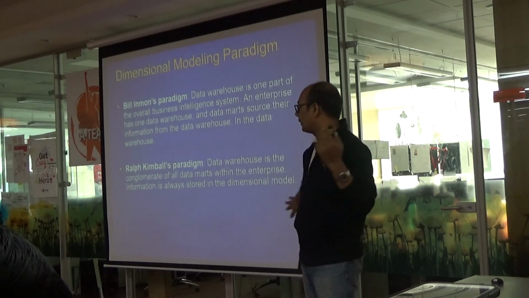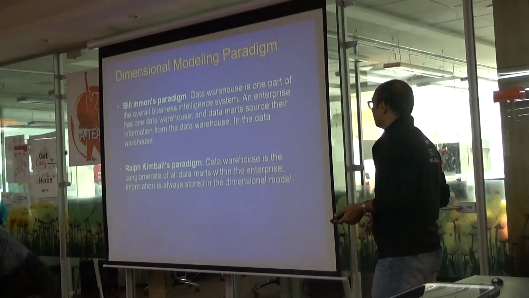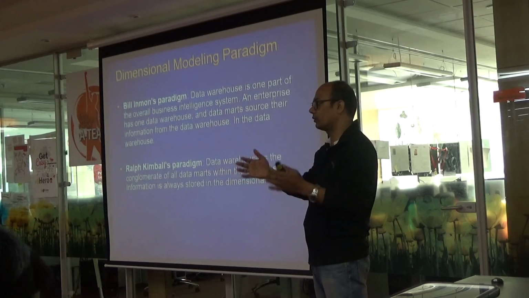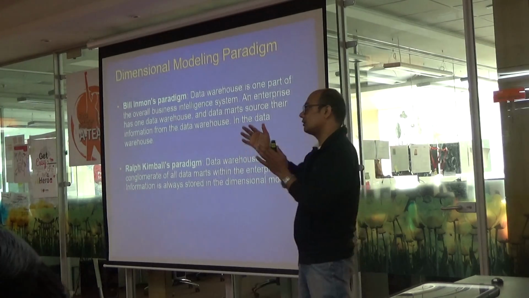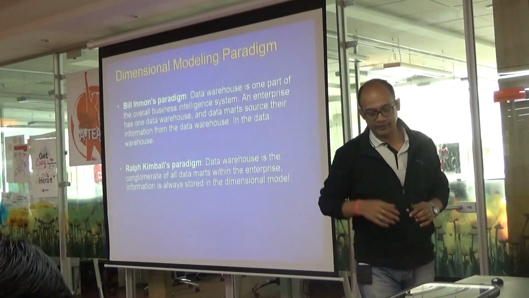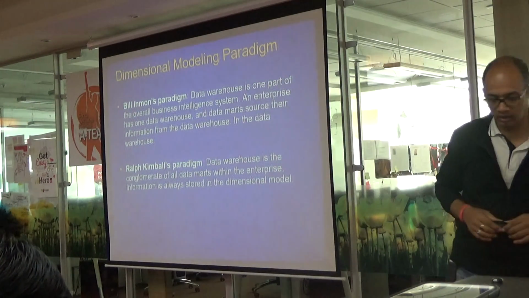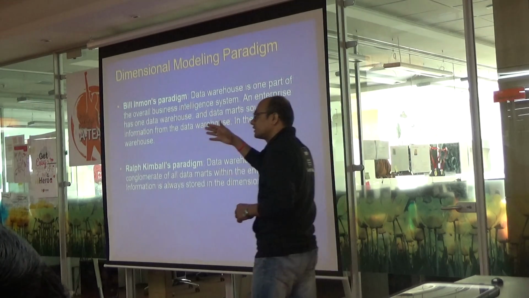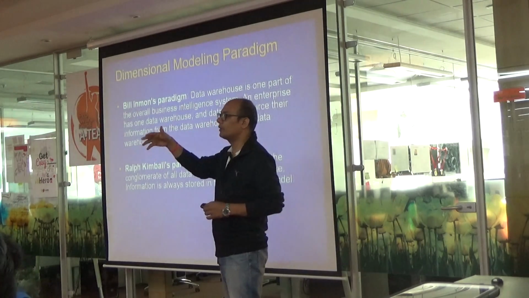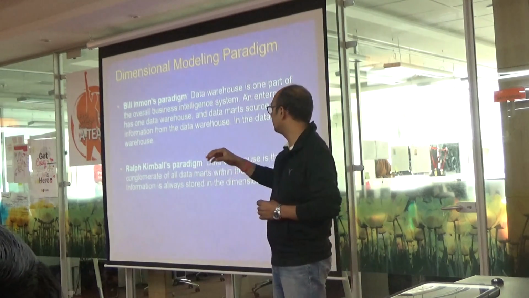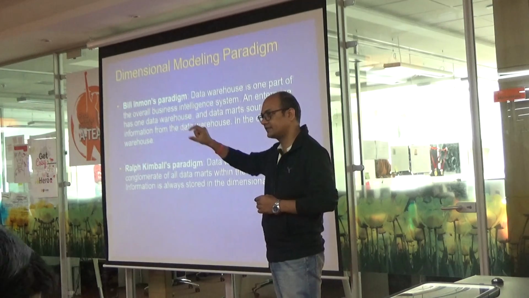Okay, so what Bill Inmon says is, we're going to have one data warehouse. All the data will reside over here. Then we will create data marts. So let's say I have different departments, right? Finance department, HR department, production department, and so on and so forth. So what I'm going to do is I'll have a different data mart for each of them, which you can think of as one database itself.